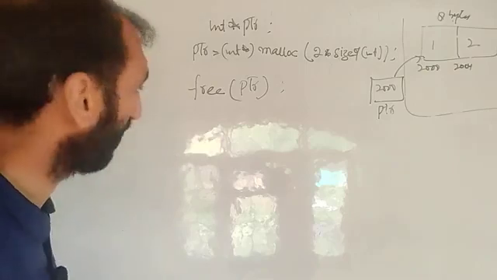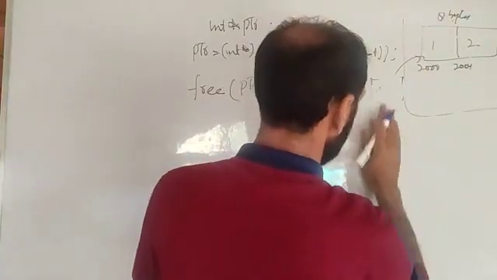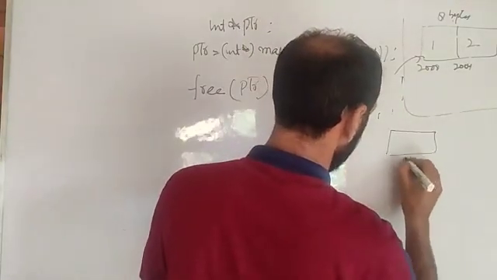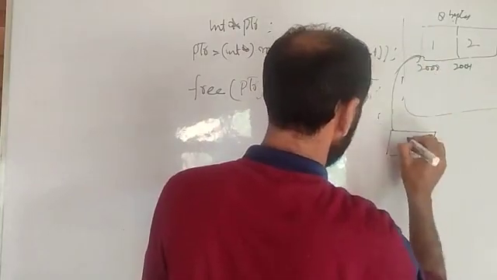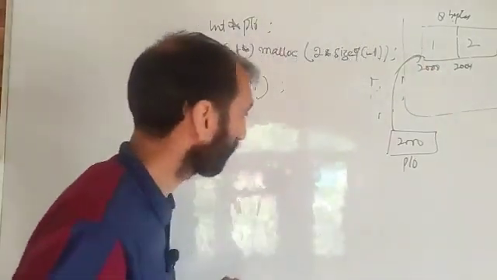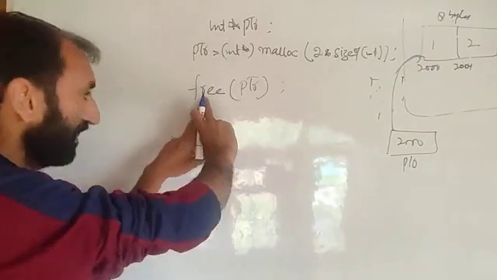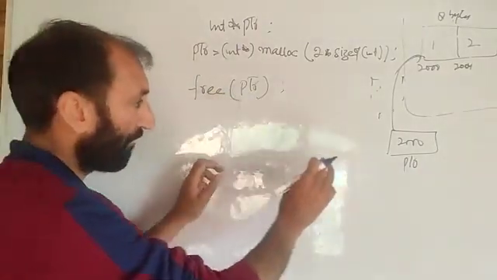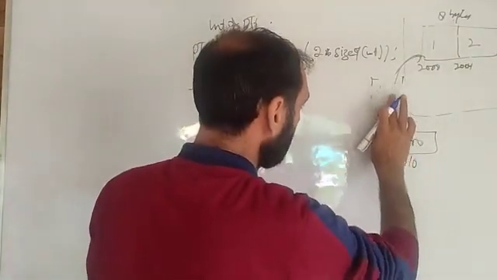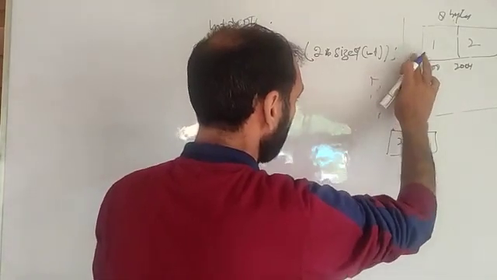And what does this do? Simply, for example, this is PTR and it is pointing to this location 2000. When I use this function free, what will happen? It will deallocate, it will free this memory. This will get freed.